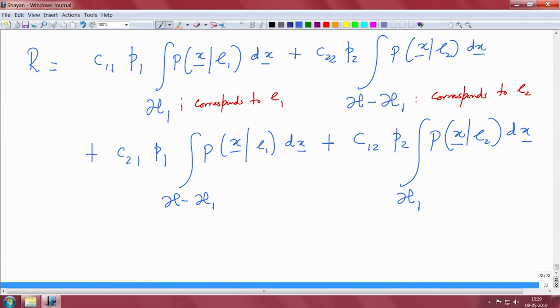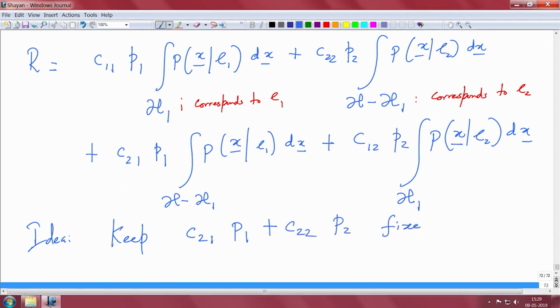Now, what we can do is we have to simplify this further. So, the idea is to keep C21 P1 plus C22 P2 fixed. So, this is somewhere we have to fix something.